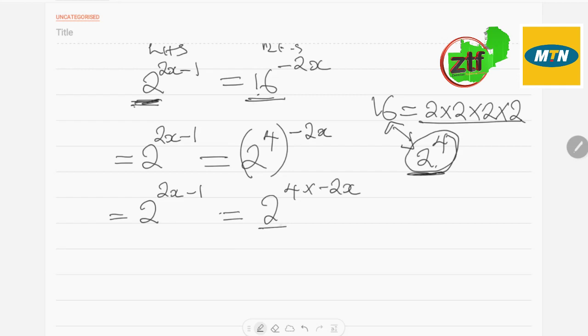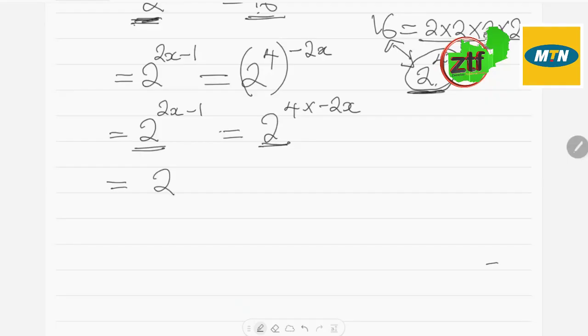And now, since the bases are the same, it puts you in a better position to work out the given indices, the equation involving indices. So now, what do we do? Since the bases are the same, we are going to equate the powers.